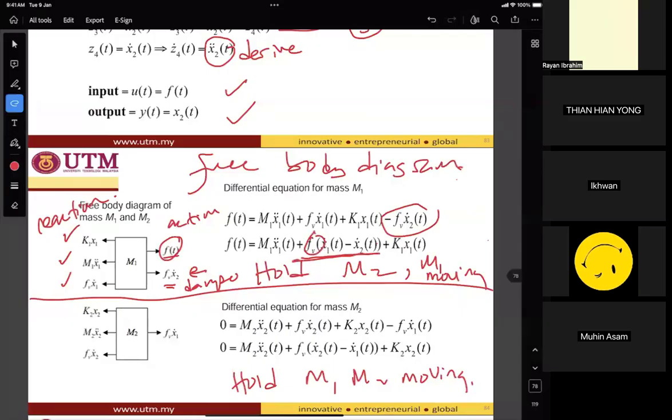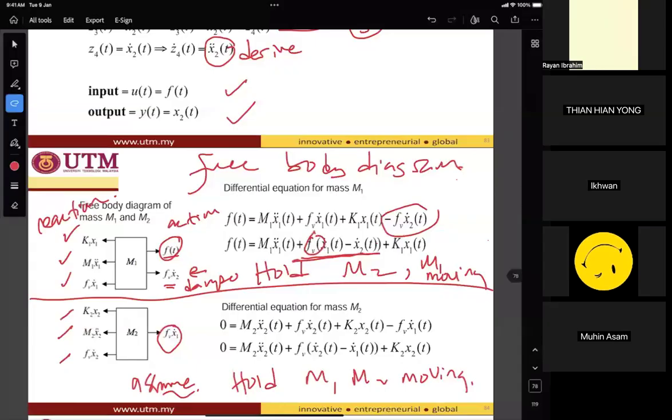For the M2, assume M1 and M2 are moving. If we don't have this assumption, we cannot derive this formula. So for M2, when there is a force towards the right, there is a damper Fv x1 dot due to the x1, and then reaction 3, which is spring, mass, and damper.